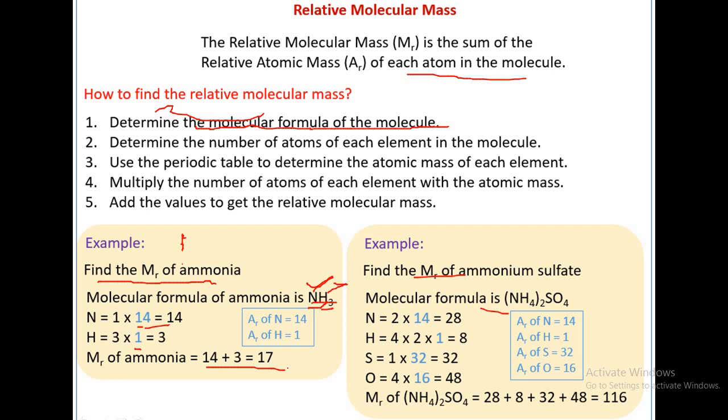In this molecular formula there are 2 atoms of nitrogen, 8 atoms of hydrogen, 1 atom of sulfur and 4 atoms of oxygen. We will get the sum of all these, and we get the relative molecular mass as 116.